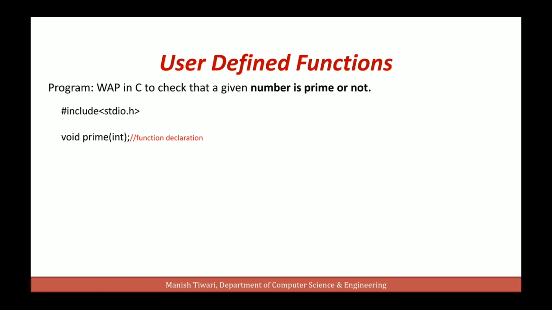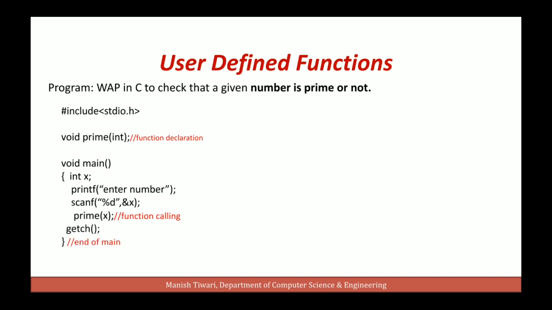So the return type of this function will be void. In main we will call this function by passing the number x, and this function prime will check whether the number x is prime or not. In the definition we will take a number n which will receive the value of x, and when we check whether n is prime or not, in fact we will be checking if x is prime or not.